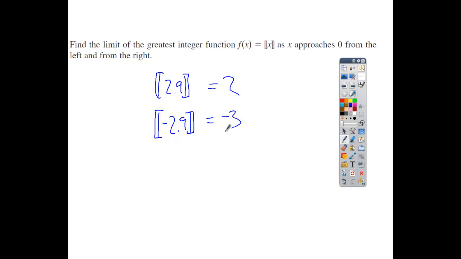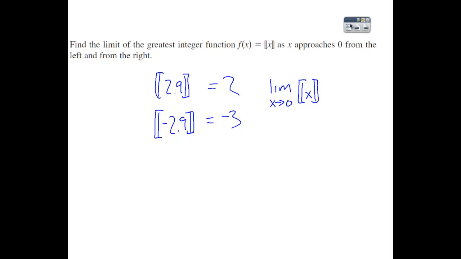So when I'm looking at this problem, I'm going to be evaluating the limit as x approaches 0 of the greatest integer of x. Now the graph of this is a step function. So here I've got a closed circle and I'm going this way. I'm going to have an open circle at 1.